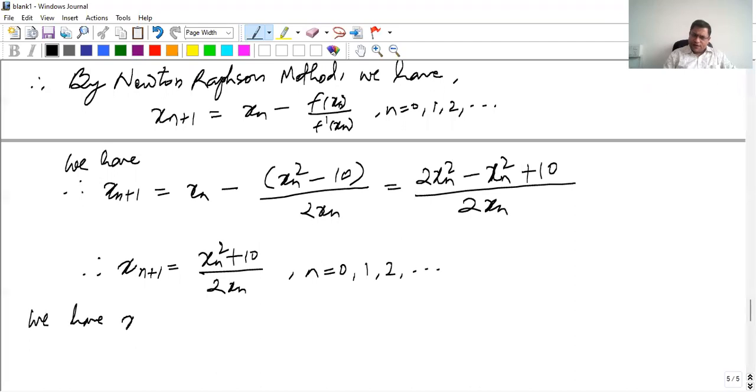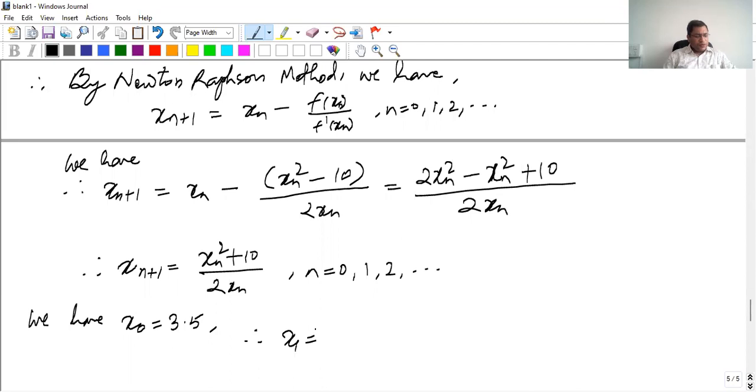Now we have the initial approximation x0 equal to 3.5, and hence we get the first approximation. Write down this expression in your calculator so we can calculate it easily.